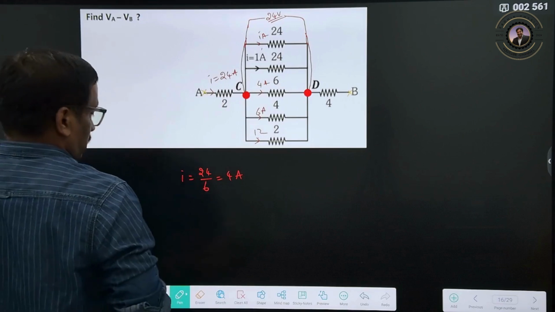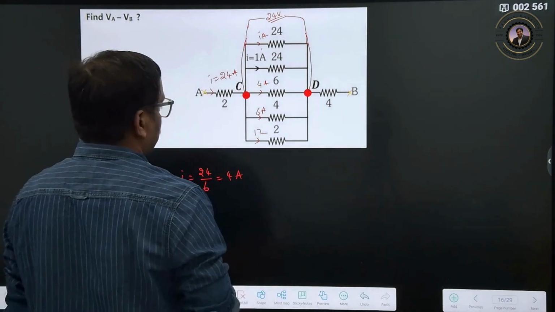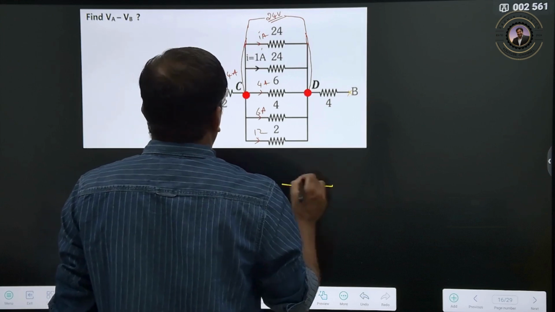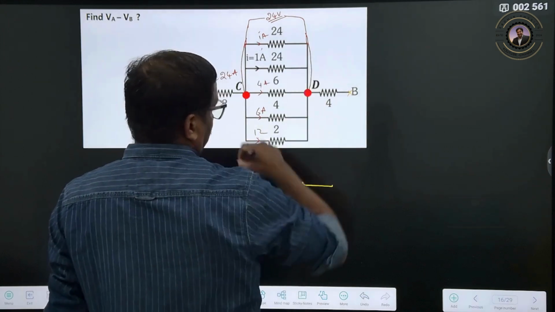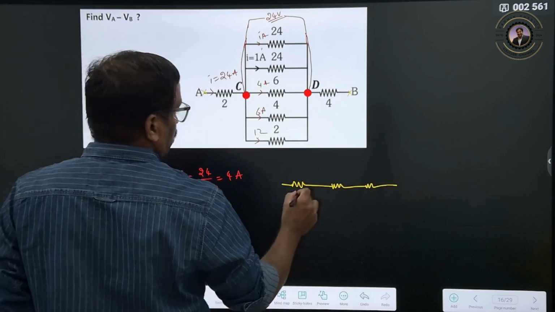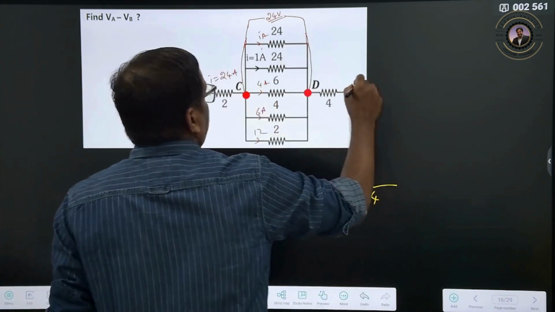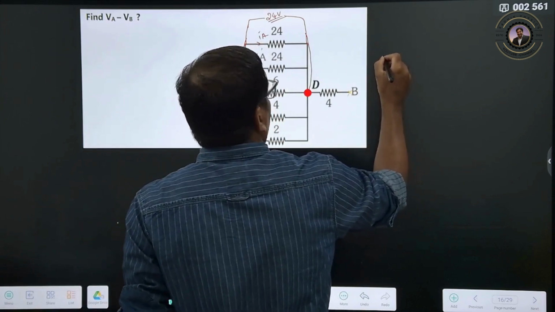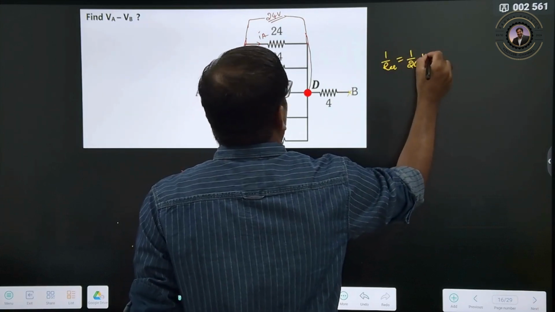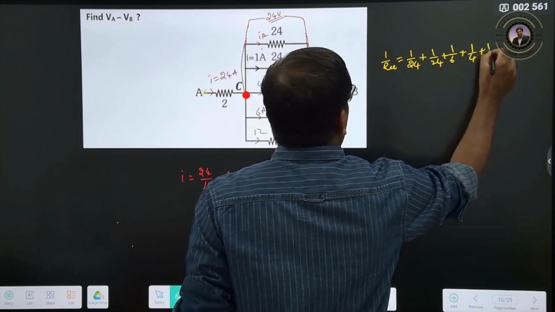Clear? So here, the total current and the total equivalent resistance. This is 2 ohms, this is 4 ohms. How much is the equivalent resistance? 1 by R equivalent is 1 by 24 plus 1 by 24 plus 1 by 6 plus 1 by 4 plus 1 by 2.